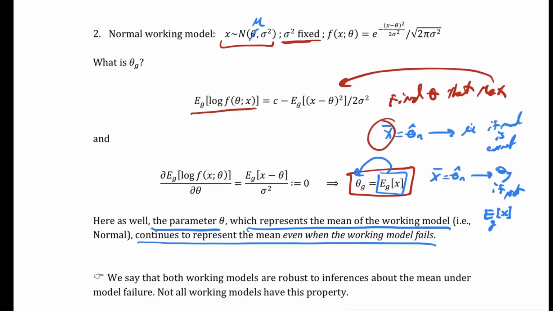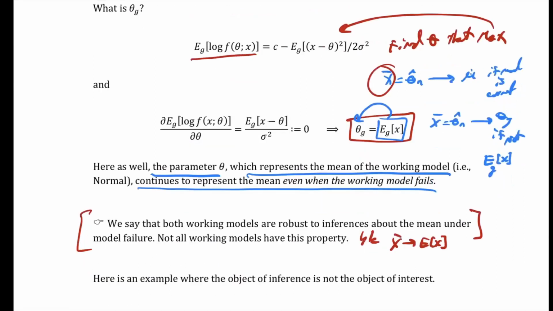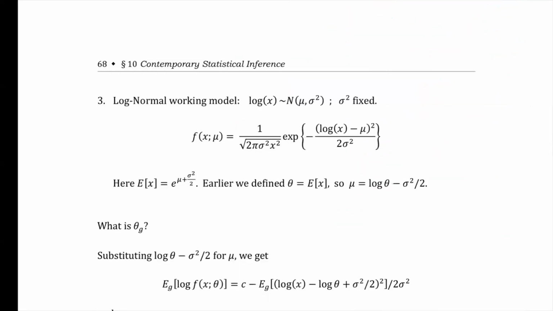All right. So in this case, we say that both working models are robust to inferences under model failure, largely because the sample mean converges to the expected value of X, regardless of what the working model was. Here's an example where that doesn't happen. And this is common for these things.